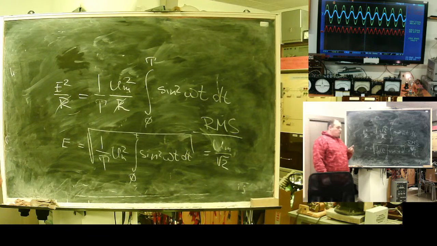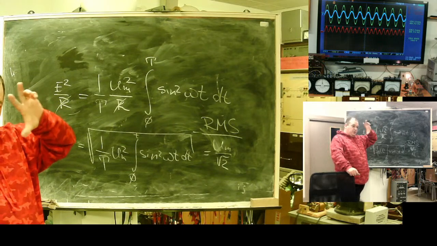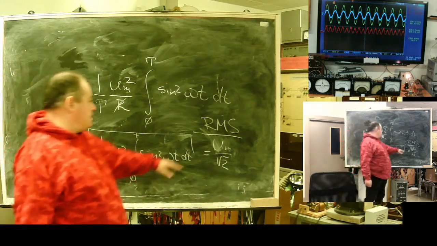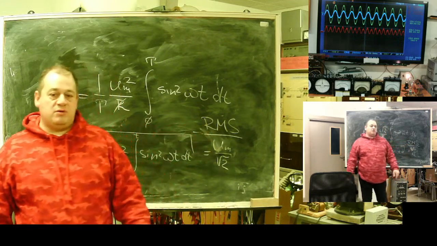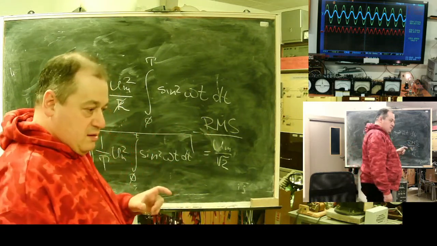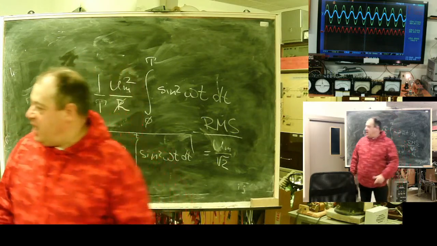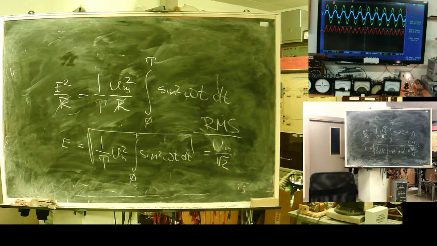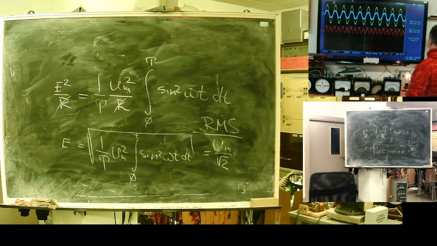We will get the correct power if instead of the real amplitude we use RMS. It's done intentionally to make our calculus close to a DC network. And all these instruments, all these amperes, all these volts are RMS. Take a look at what we have.